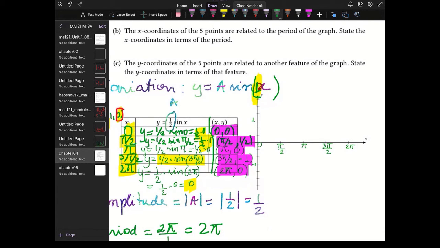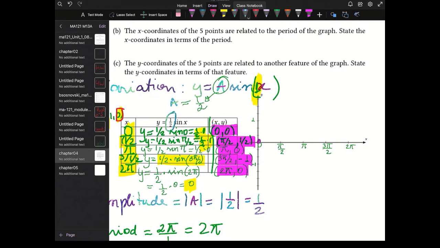So why am I marking 1? Because I want to actually compare the previous result with now that I have a half, and that is the amplitude, right? The amplitude is a half, which comes from the value of A. So the first point is 0, 0. So 0 for x, 0 for y.